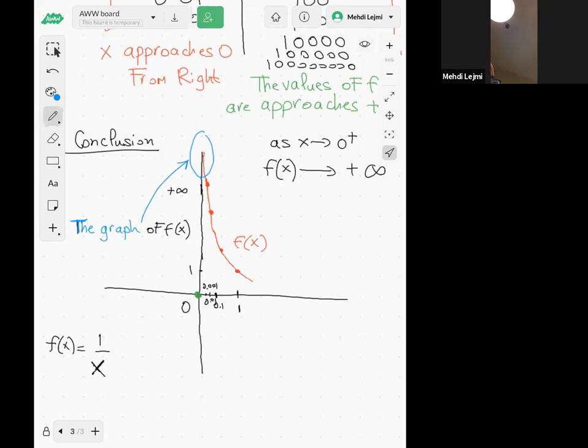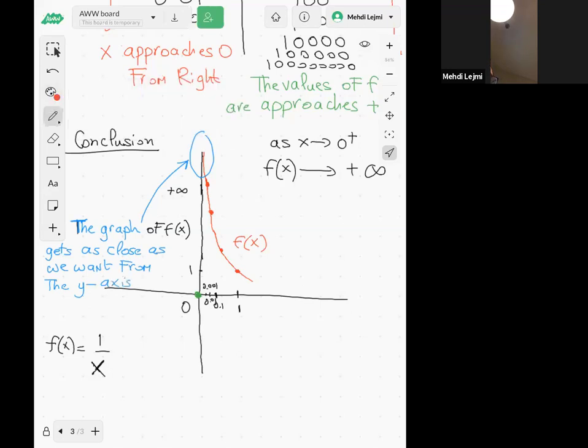So the graph of f of x gets very close. Actually, it gets as close as we want to the y-axis.